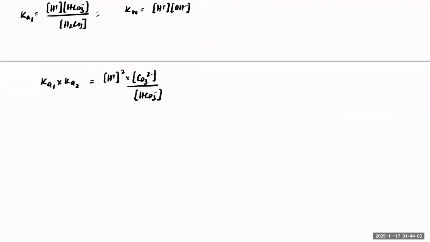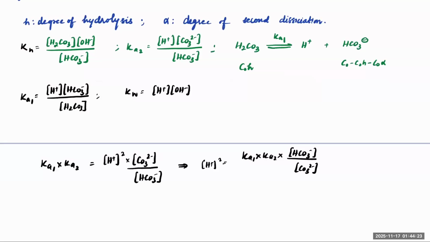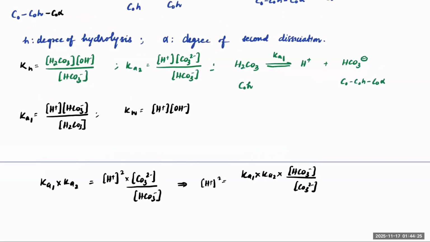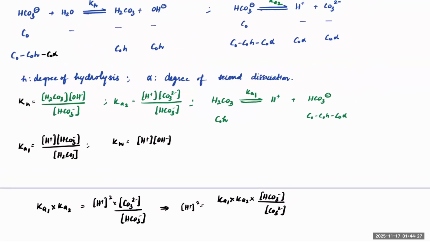And from here, I can write H plus concentration square is equal to Ka1 into Ka2 multiplied by H2CO3 concentration divided by CO3 2 minus concentration. Correct? Please check, everybody.